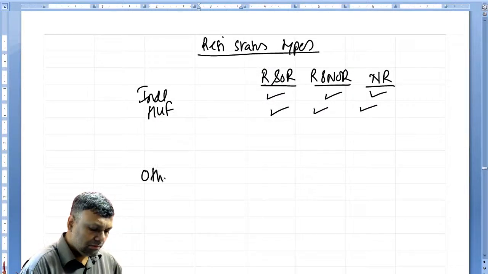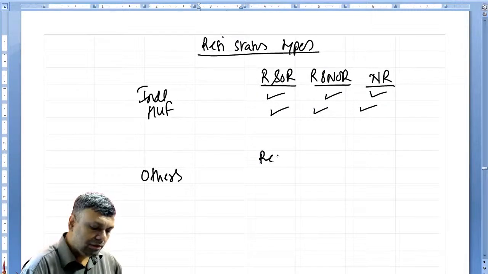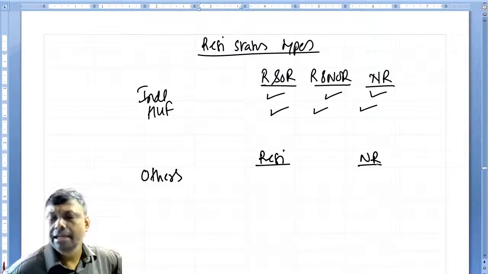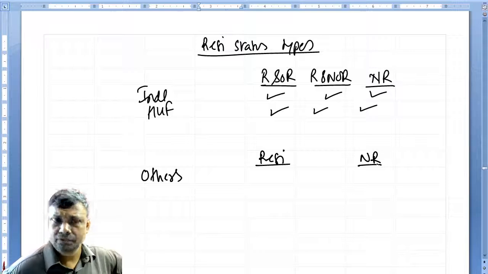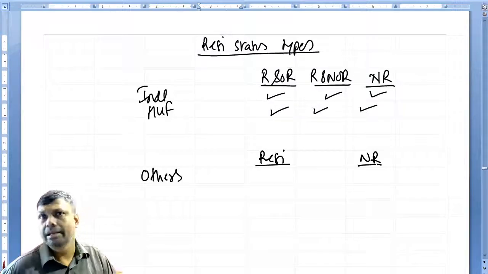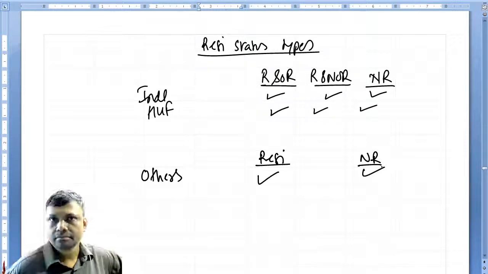But others don't have these three types. Others are either resident or non-resident, depending upon the test, like control and management. Others means all others: firm, AOP, Indian company, foreign company, etc. They have only two statuses.